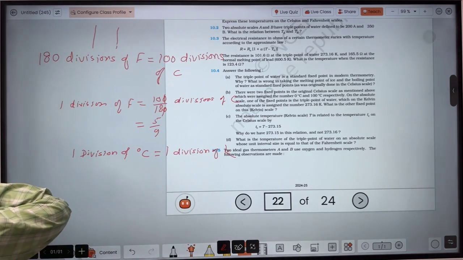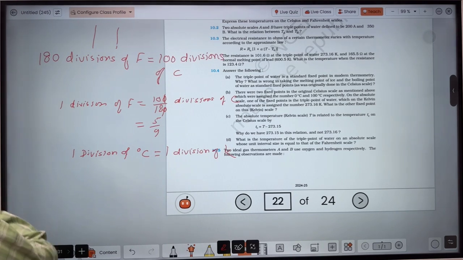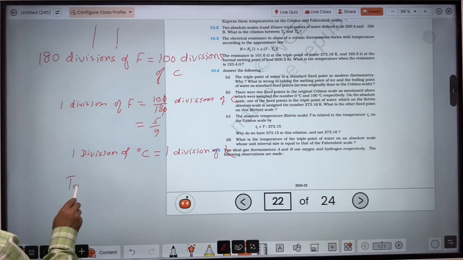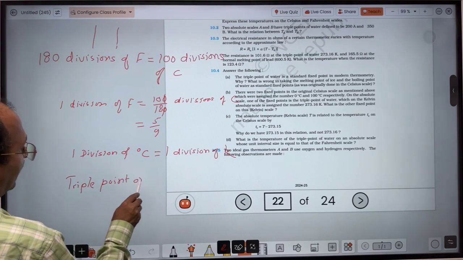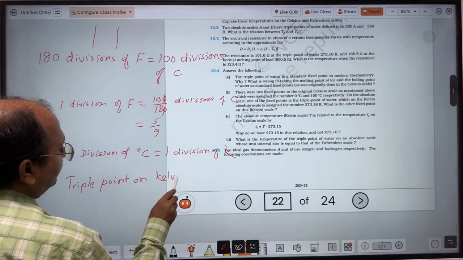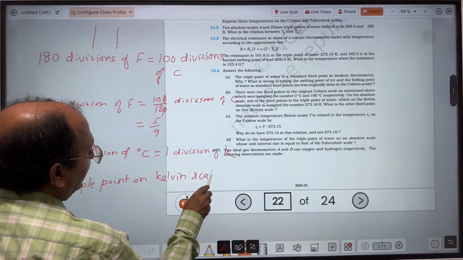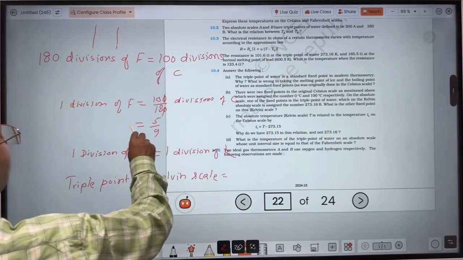So here, if we want to find the triple point on the Kelvin scale, where the question is about an absolute scale whose unit interval is as stated, we put the value, it's just the opposite.